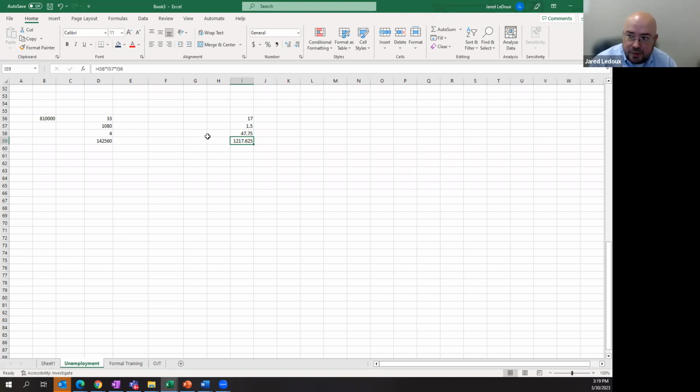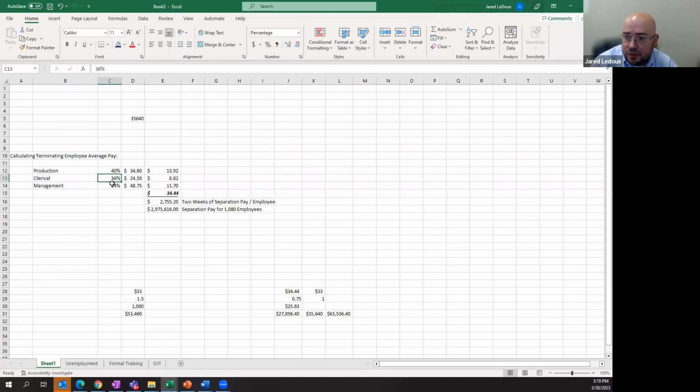Now, another way to come up with this, if you didn't want to go with that 17, maybe they didn't have a lot of management openings last year, or maybe they had too many, I don't know, right? Another way to look at this would be to go back to that about 24% of your turnover being at the management level.